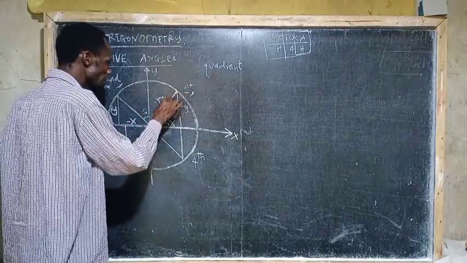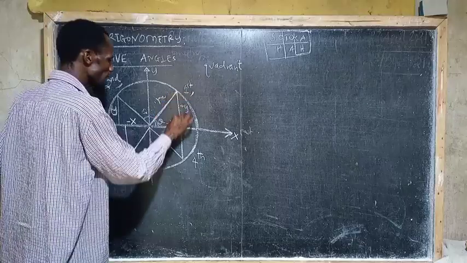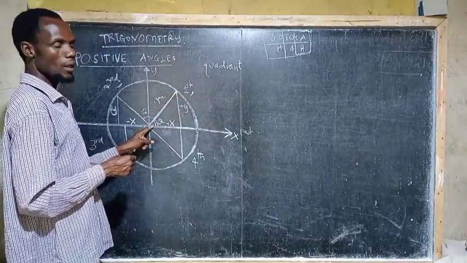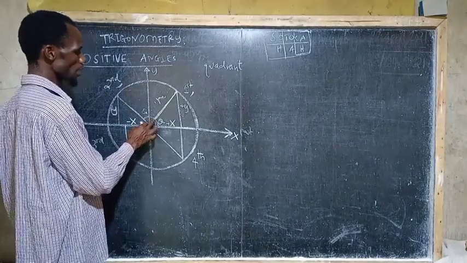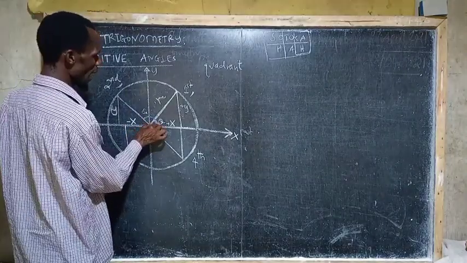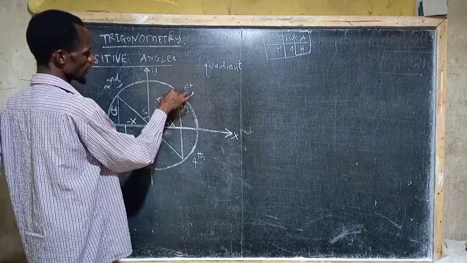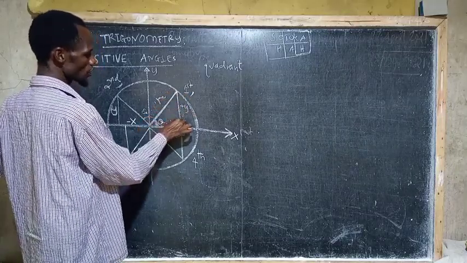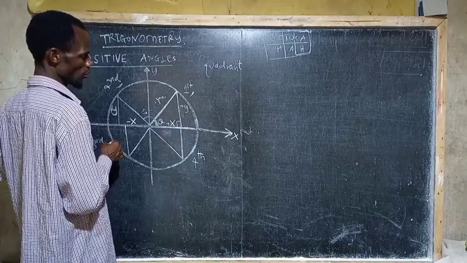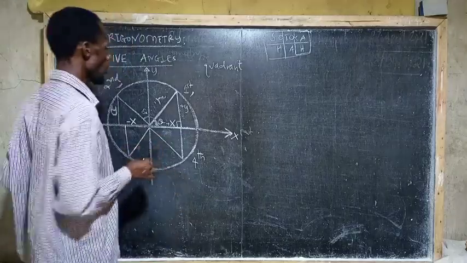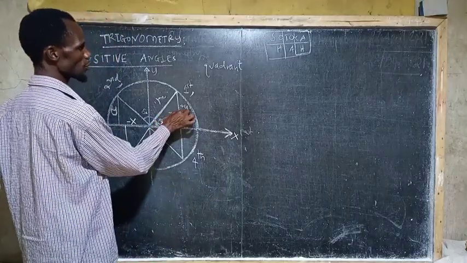By considering this right angled triangle in the first quadrant, this angle from here to here, angle theta. Remember, this is the adjacent and this is opposite. This is the hypotenuse. By considering this is the right angled triangle, the sine will be equal to opposite over hypotenuse. Opposite is definitely here.